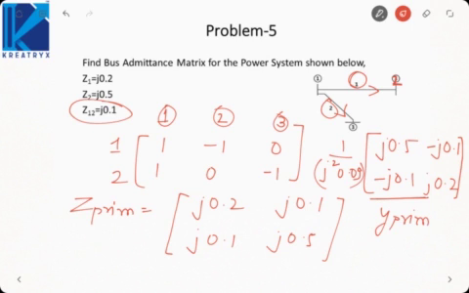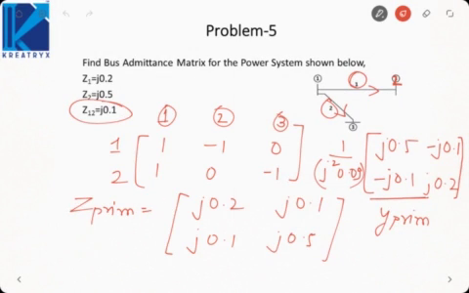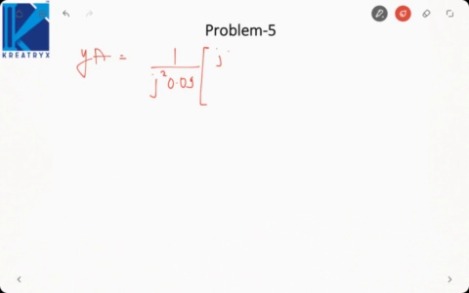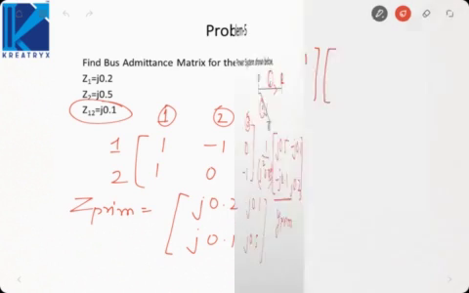Now I have to find A transpose into Y into A. So first let me calculate YA. The elements were j0.5, minus 0.1, minus 0.1, 0.2. What was the A matrix? The A matrix was 1, minus 1, 0, 1, 0, minus 1.